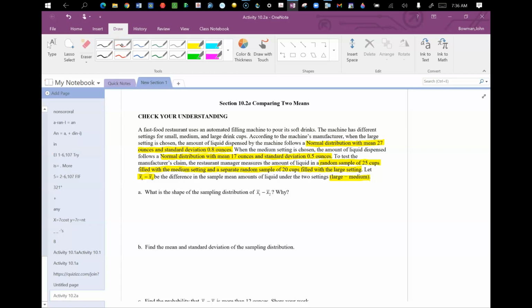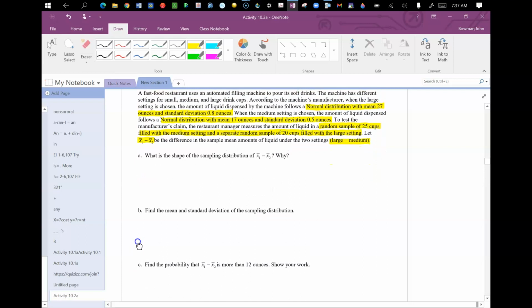So what is the shape of the sampling distribution of the difference of the sample means? Well, in the problem, it was stated that the two populations are normally distributed. Even though the sample sizes are not at least 30, we don't have to invoke the central limit theorem. So the sampling distribution of the difference of these sample means is normal because both populations are normal.